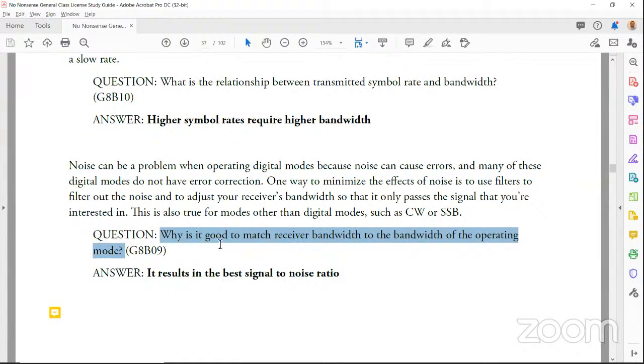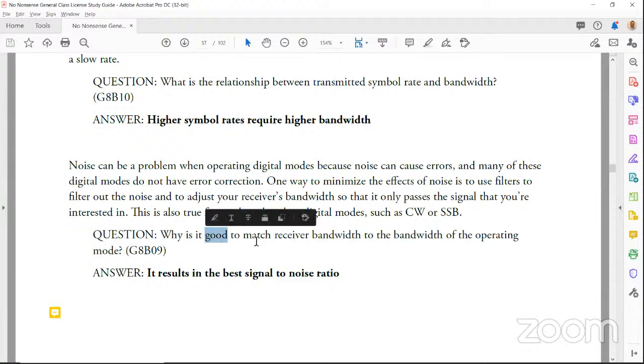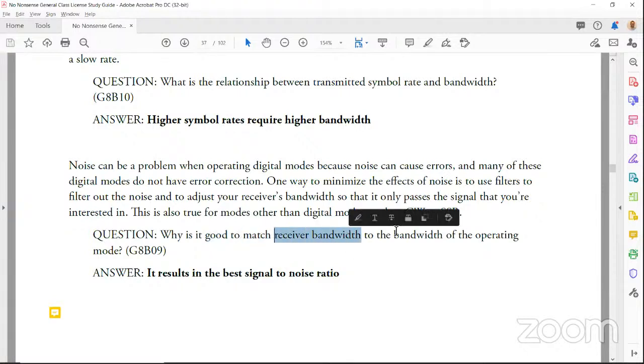So let's dissect this question. They're asking us, why is it good? Well, it's a good thing. Why do we want to do it? What do we want to do? We want to match the receiver bandwidth to the bandwidth of the operating mode.